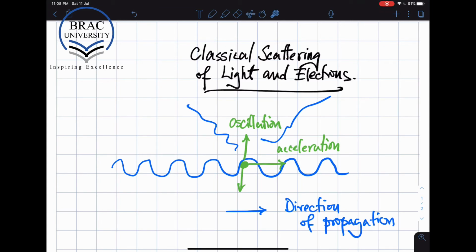So when will this stop? This will stop when the whole wave train has passed the electron. So what we expect to see from classical physics is that whenever an electron is exposed to some high energy frequency of light, it's going to emit light whose frequency is going to change continuously.